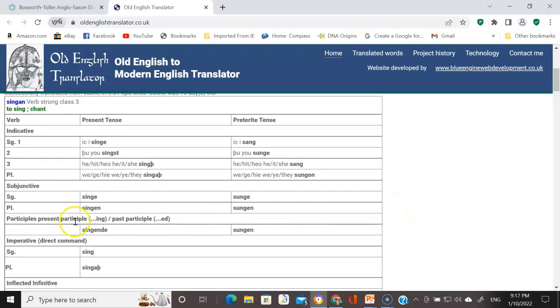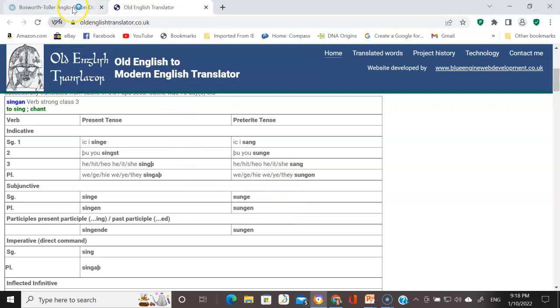If you have a look down here, past participle form is indeed sungen, but also the plural subjunctive, preterite tense or past tense, sungen. So the plural past tense subjunctive, okay? So they're both identical, both have the same form. They both decline the same way. So that's what was happening there.